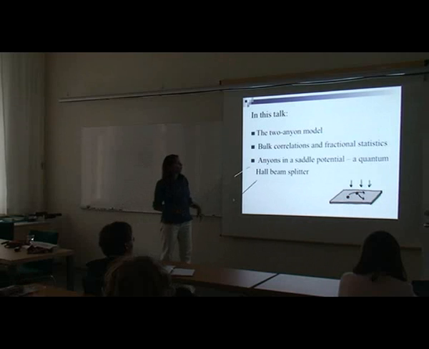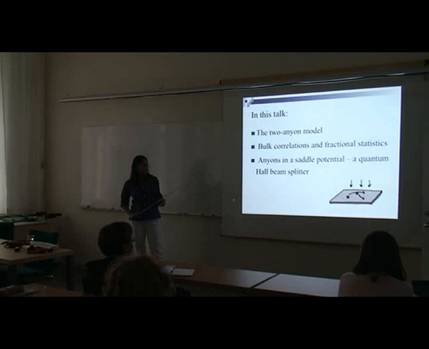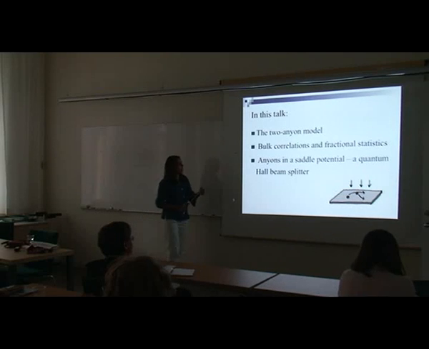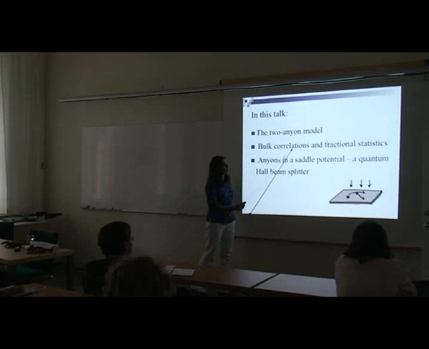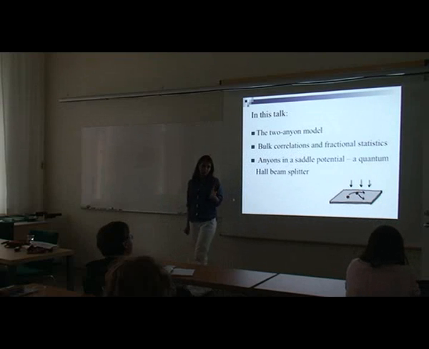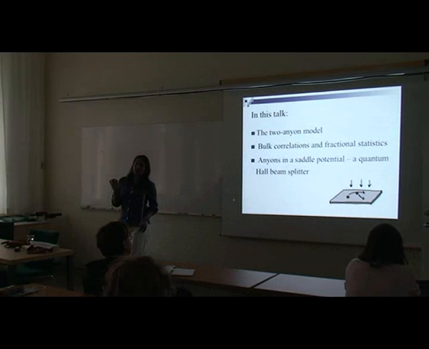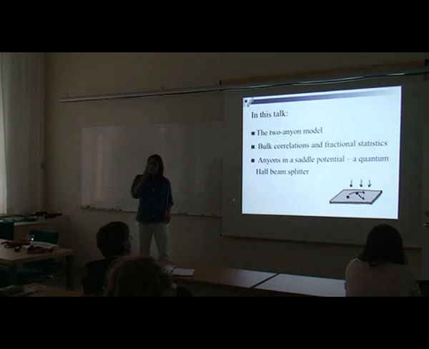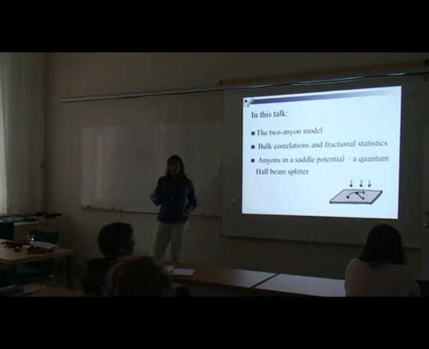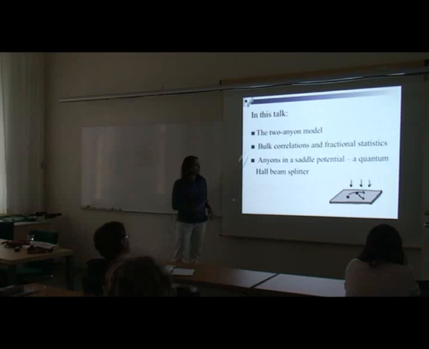Based on the behavior of these two anyons in the lowest Landau level, you can ask the same sort of questions that were being asked for fermions and bosons. In particular, I'll ask what the bulk correlations are like, where you see signatures of fractional statistics, and ultimately how these correlations are related to the kinds of experiments that have been proposed with edge state quasi-particles and the like. So that's what I'll do in the first half.